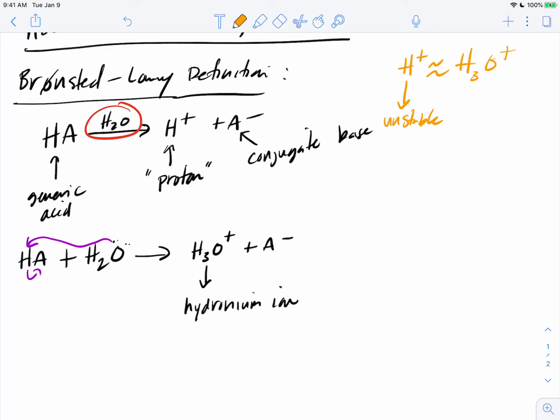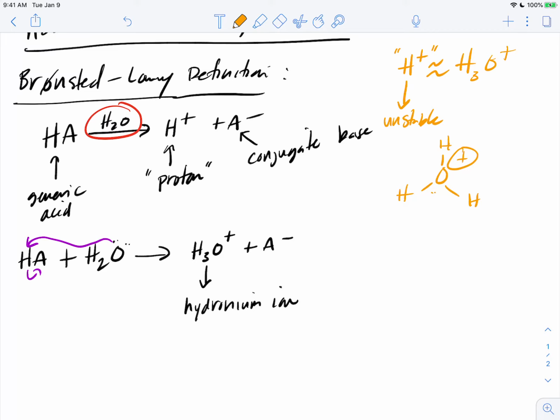If we do write H plus, I'll put quotes around it, we know it's just representing H3O plus. And then, just to show you what the hydronium ion looks like.